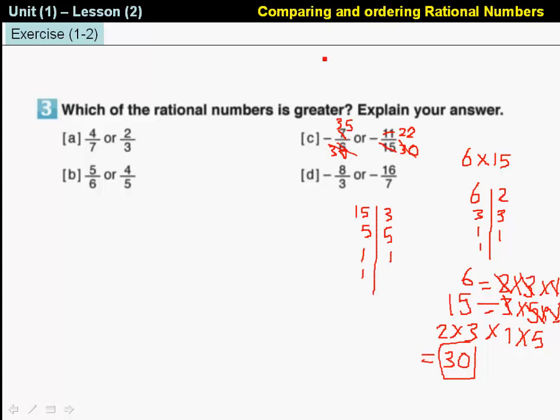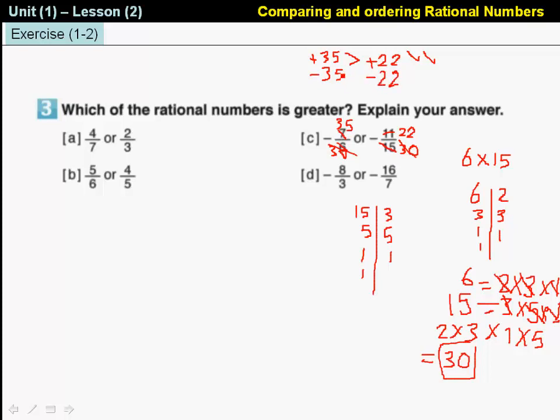Be careful. If you have 35 and 22, both with plus sign, you will say 35 is greater than 22. That is right. But what about minus sign? If you have minus 35 and minus 22, be careful.